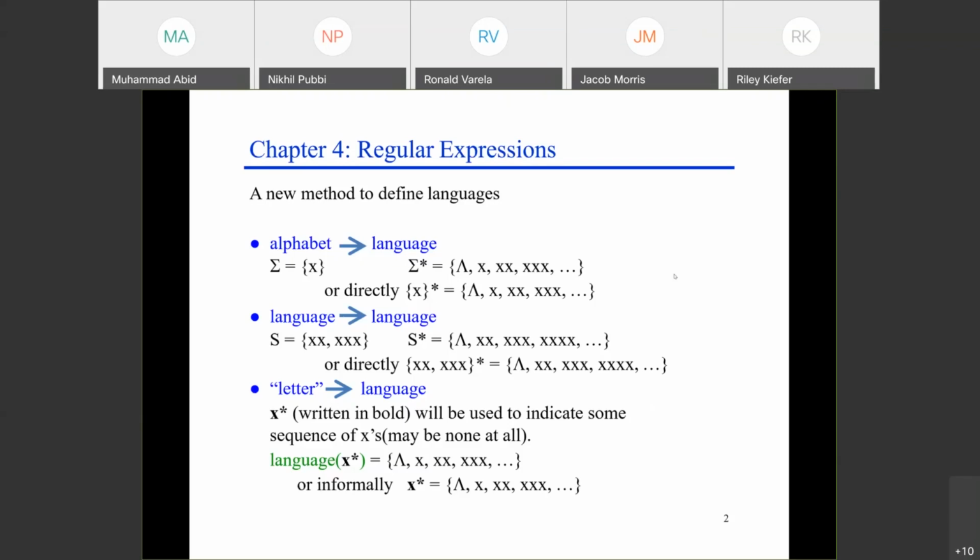Okay. Regular expression. So far you have seen 4 ways to define a language. The first way is to express or define the language using English sentences. Second way, you create all possible words.